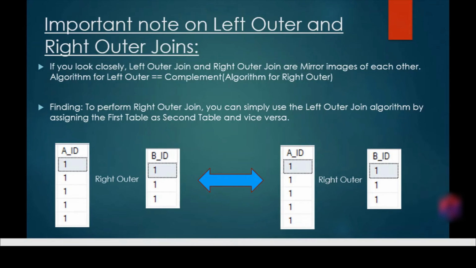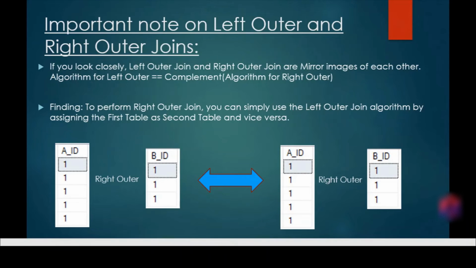So can we say that the algorithm for left outer join is nothing but a complement of the algorithm for the right outer join? And by complement, I mean that if you are using the word first table in the right outer join, you will call it the second table in the left outer join, and if you are using the keyword second table in right outer join, you will simply call it the first table. So simply you have to swap the keywords first table and second table in the algorithm for right outer, and what you get is exactly the algorithm for left outer, right?